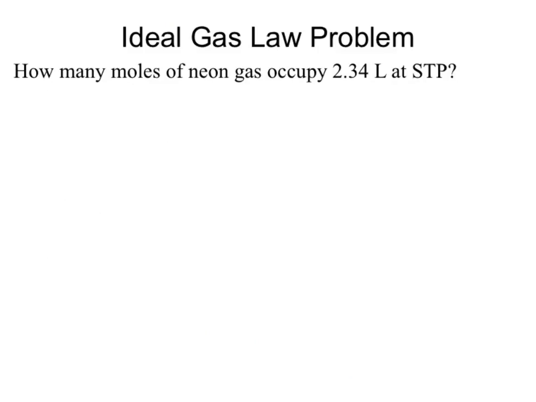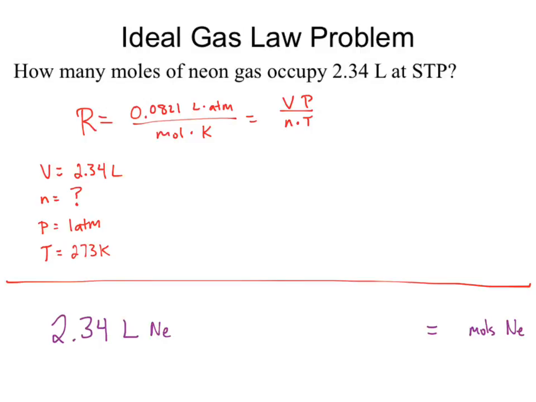So let's switch it up to an easier question that we actually have some numbers on. How many moles of neon gas occupy 2.34 liters at STP? Two approaches to solving. And I know this is where people can get mad at me, that's fine.